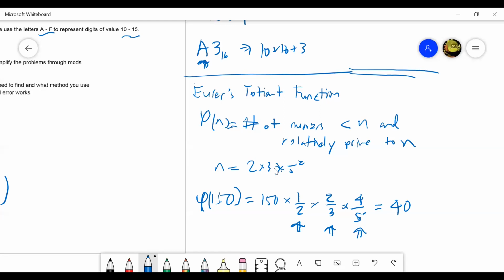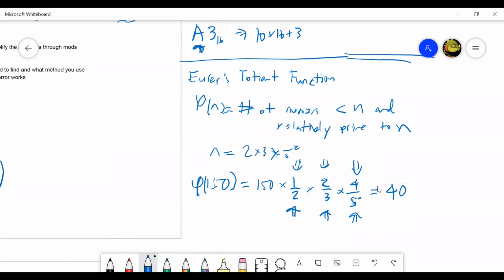And so any number that satisfies that cannot be relatively prime. So this is kind of like complementary counting. These are all the numbers not divisible by 5, not divisible by 3, not divisible by 2, and so they can't share any common factors. So that's how you calculate Totient, and this general rule works for any number.